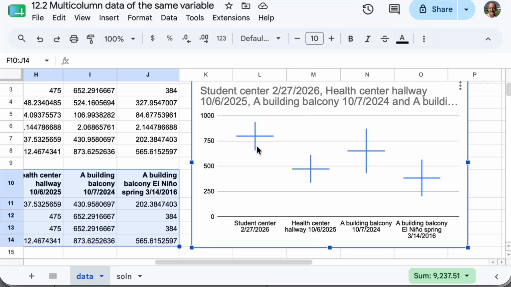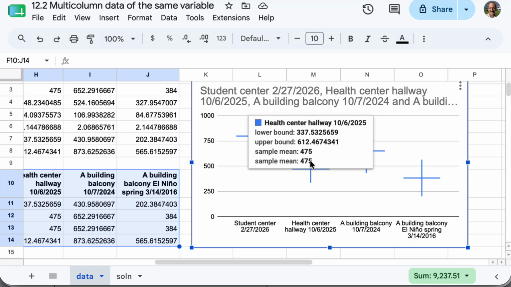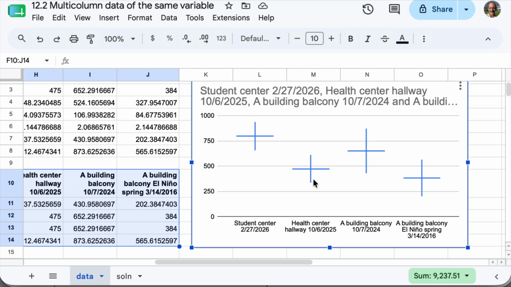So there's no way that the population mean for the student center could be as low as the possible highest population mean for the health center. So these are statistically significantly separated. We're looking horizontally. These overlap each other. They're not statistically significantly separated.